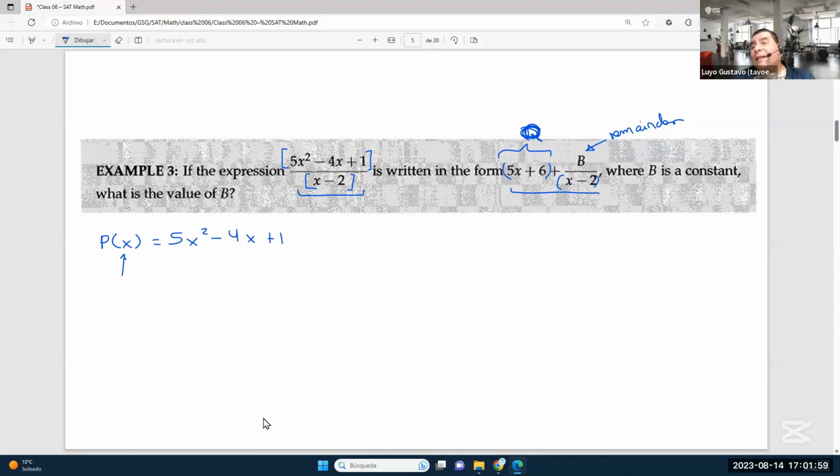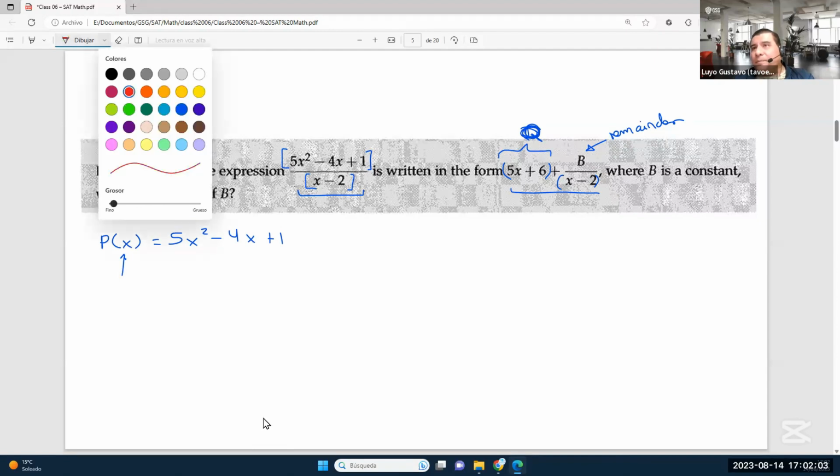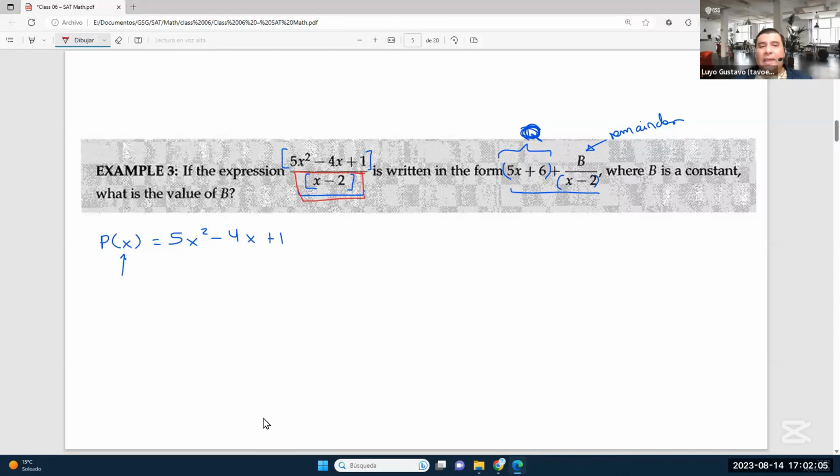evaluating here with a value of x that makes the divisor 0. So what value of x makes this part 0? Can you tell? Which x makes that 0? Not so hard, right?